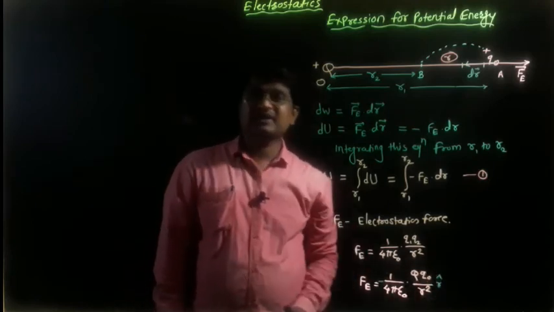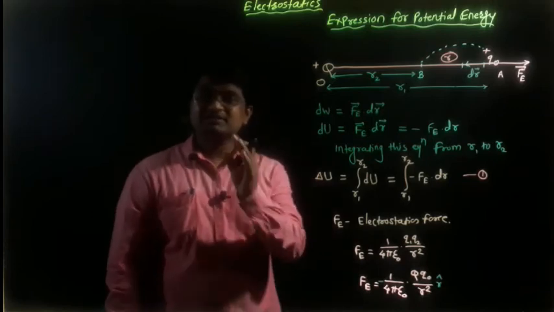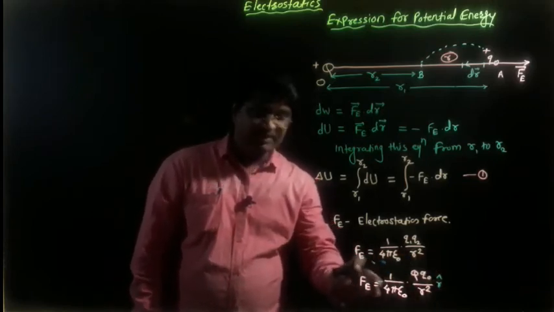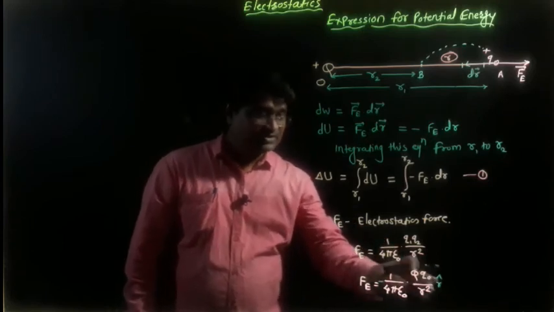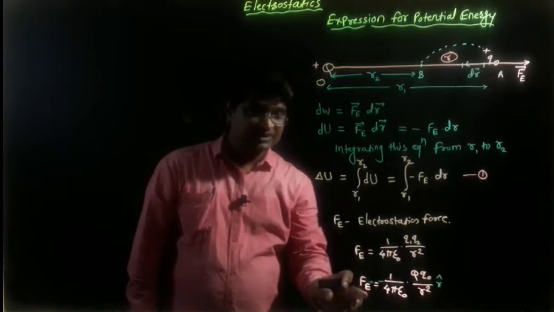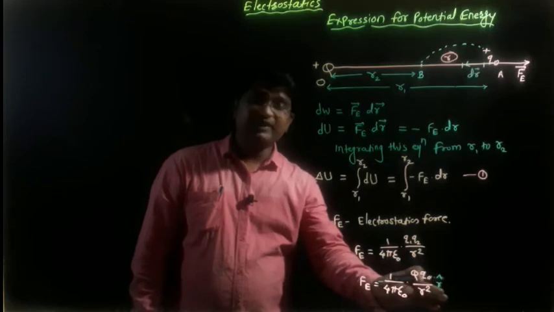Why r cap? r cap is the unit vector, and you know that a unit vector represents direction. So if this unit vector is neglected, this minus sign is always cancelled, because the unit vector represents direction, and according to the direction, the electrostatic force and displacement are exactly opposite. Get clear? They only represent the direction.